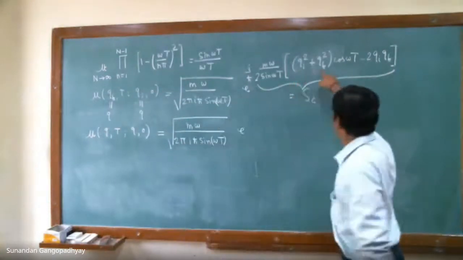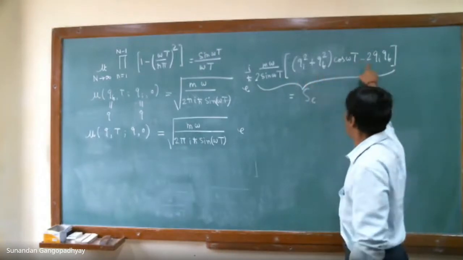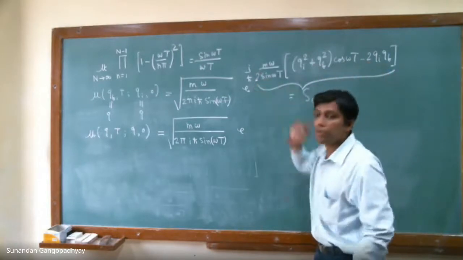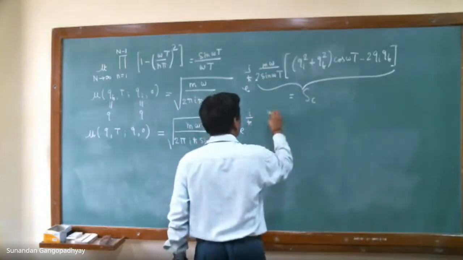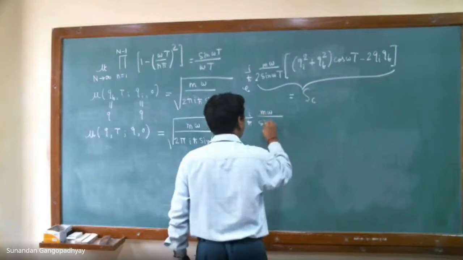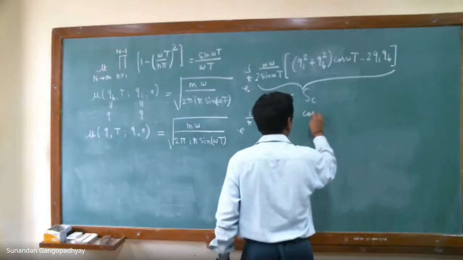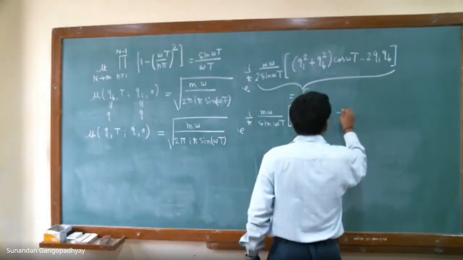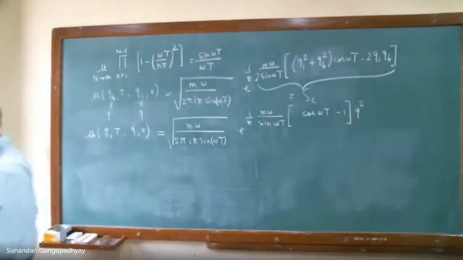So when q_i and q_f are both equal to q, this will give a factor of 2q square, and you have a factor of 2 over here. This is also q square. This 2 can be taken common, and this 2 will cancel this 2. So we will have e to the power of I by h bar, m omega by 2 sine omega T, times cos omega T minus 1, times q square. So this is what we have. Okay?